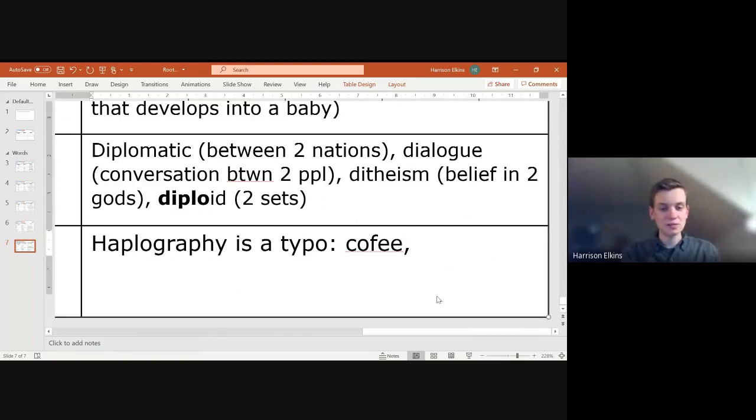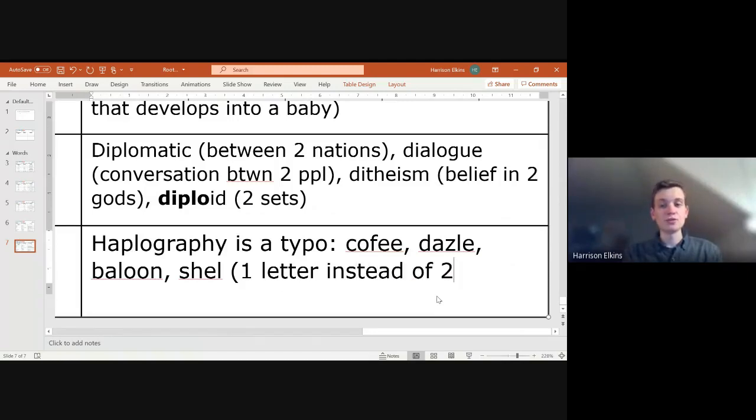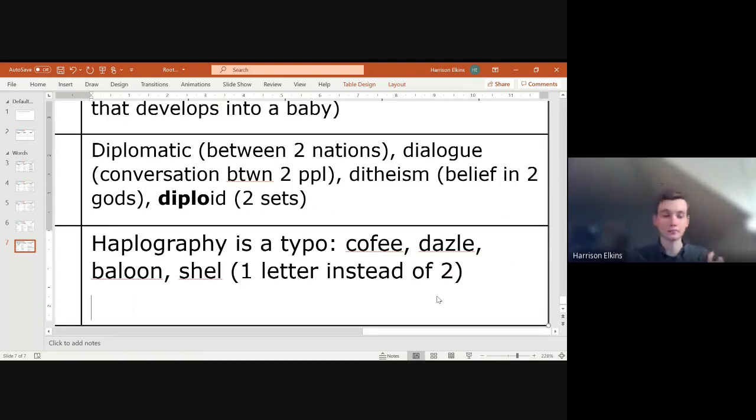Or dazzle, that should have two Z's, but if I misspelled it, it only has one. Or balloon, it corrected me there. If I type it like that, that's wrong. Or if I pick up a seashell and type it like that, I'm missing an L. So I have one letter instead of two. That's a haplography. Now, what we use in biology is the word haploid.